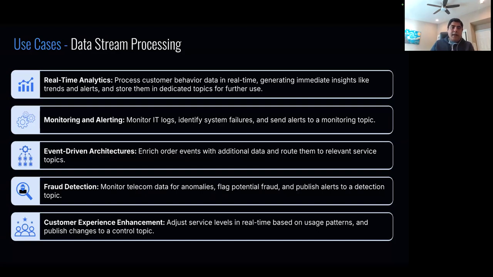Think about monitoring and alerting. Every company, every industry, any vertical, is becoming a software company, because software is critical to driving business analytics and getting insights into data as customers, partners, and employees are having these conversations.